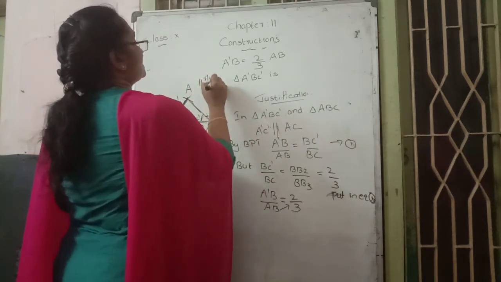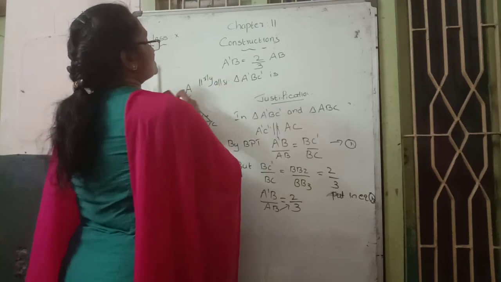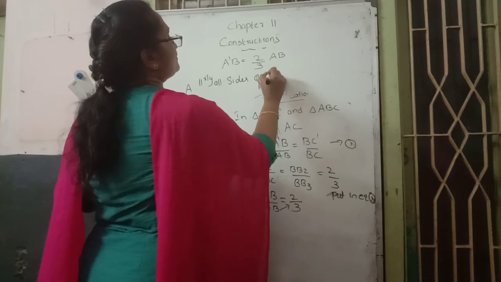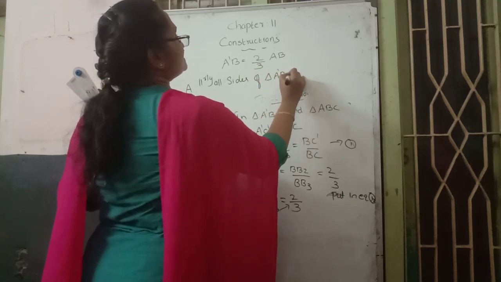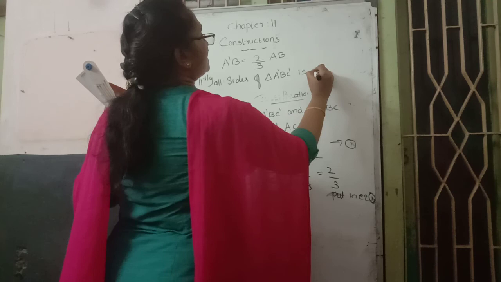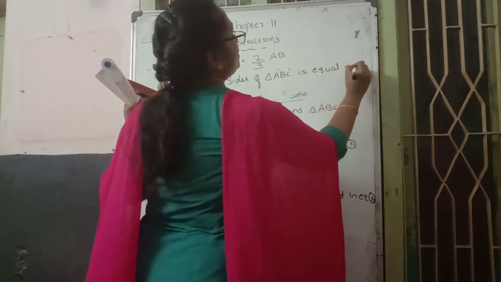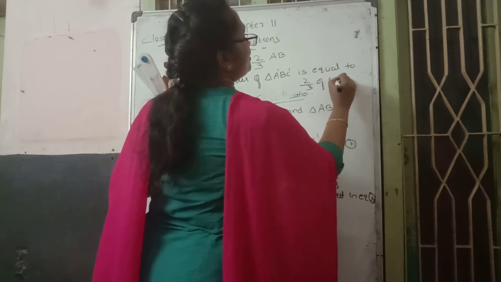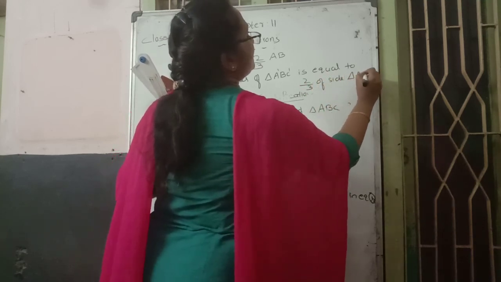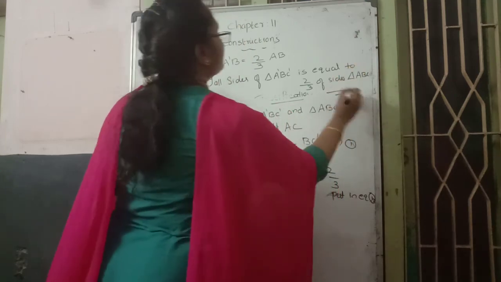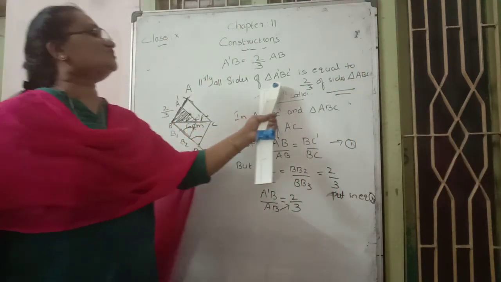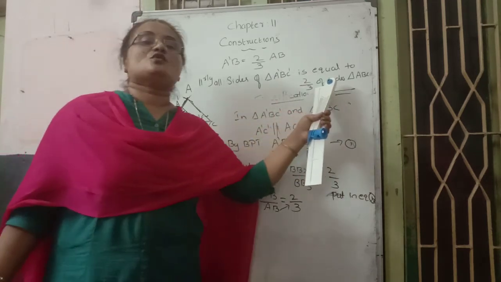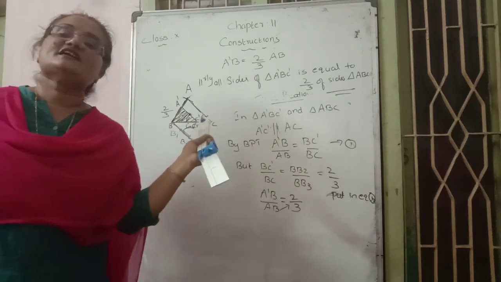Similarly, all sides of triangle A dash B C dash, the similar triangle, are equal to 2 by 3 part of the sides of triangle ABC.